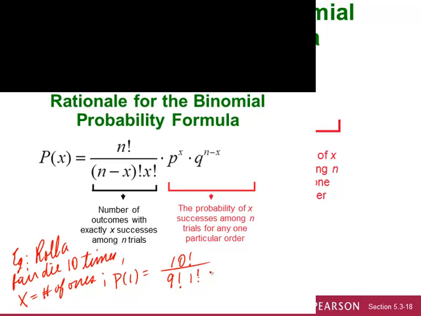Now the probability that for any roll of the die it came up with a 1 is 1/6, and there was one of them. The probability for any one roll of the die that it came up not a 1 would be 5/6, and there were 9 times that happened.